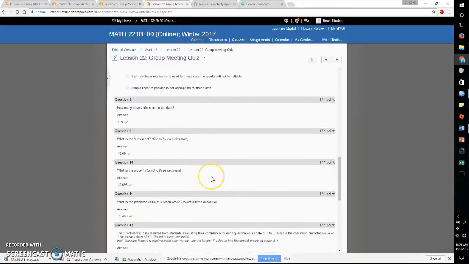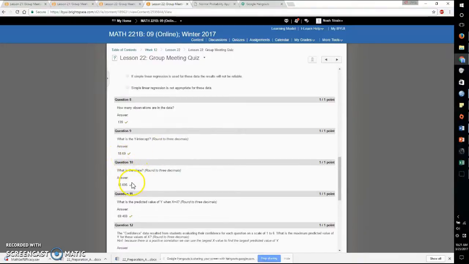How many observations are in the data? There's 139 observations. And what is the y-intercept? Well, if you run it through SPSS and you do analyze linear regression and hit enter, then under the coefficients, the first data response is our y-intercept, which is 18.69.